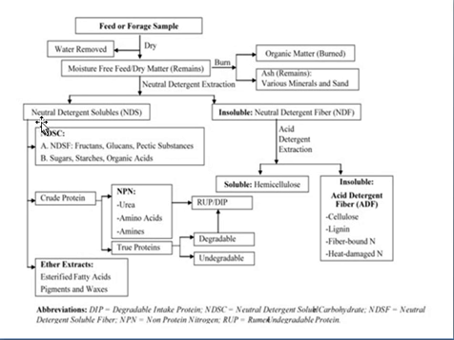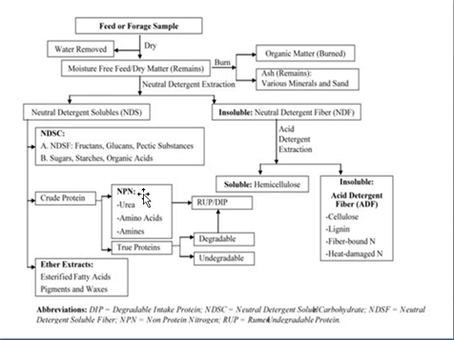And if we come towards the neutral detergent soluble portion, it includes carbohydrates, which are fructans, glucans, pectins, and then sugars, starches, organic acids. And the other part of the soluble portion is crude protein.